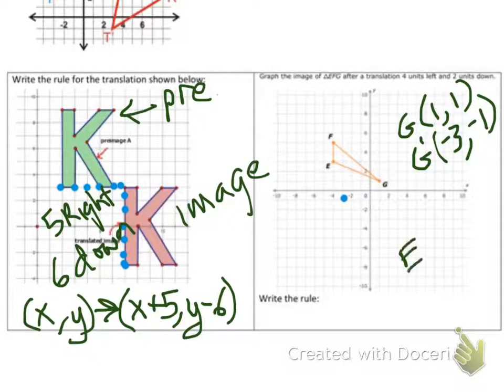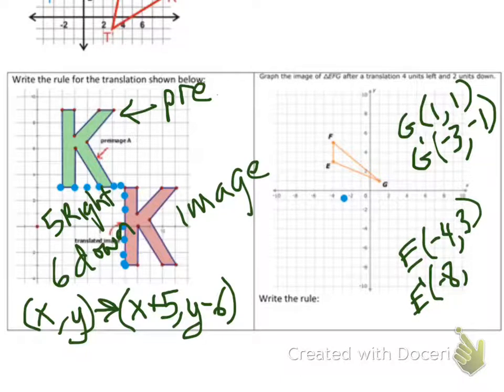E is at negative 4, 3. So E prime, 4 units to the left is going to make it negative 8, and 2 units down is going to make it 1. So E prime will be at negative 8, positive 1.